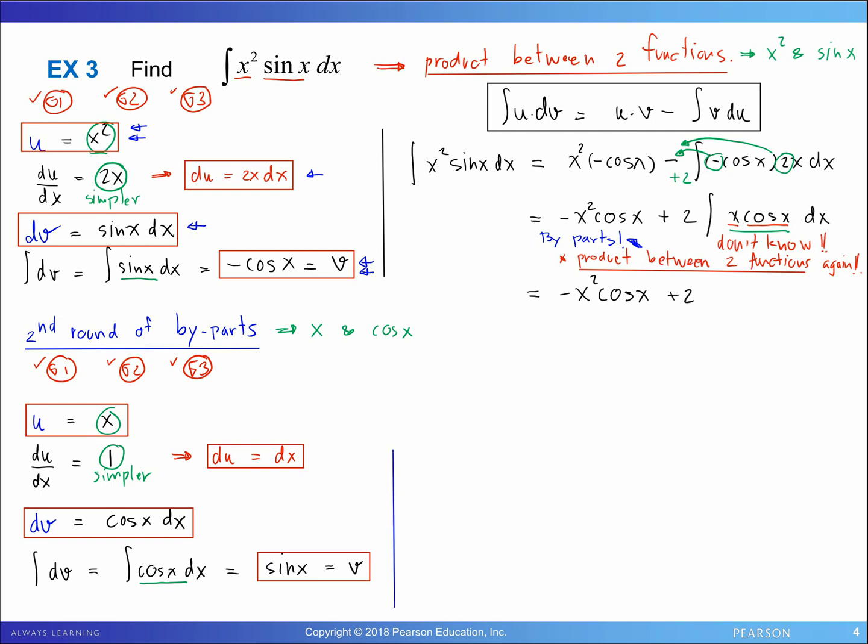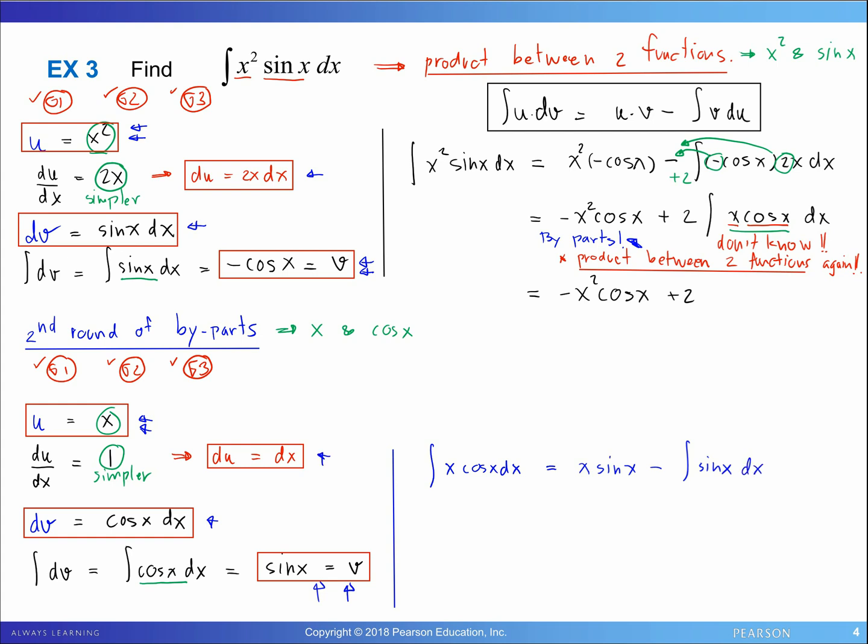So we have the integral of u, which is equal to x, dv equal to cosine x dx, equal to u times v, u equal to x, and v equal to sine x, times sine x, minus the integral of v, which is equal to sine x, du equal to dx.